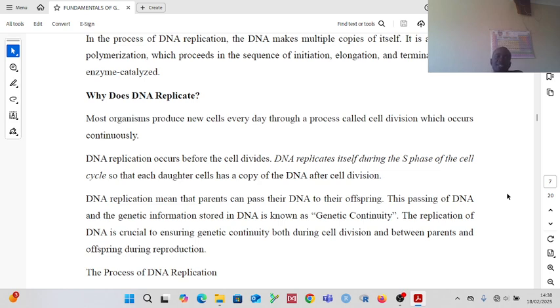Okay? Why does DNA need to replicate? So we have the processes of cell division occurring within living organisms. When you are undergoing cell division, the cell which was initially 1 has to divide into 2. And that process continues. So it's a process in which the cells multiply, they increase in number.